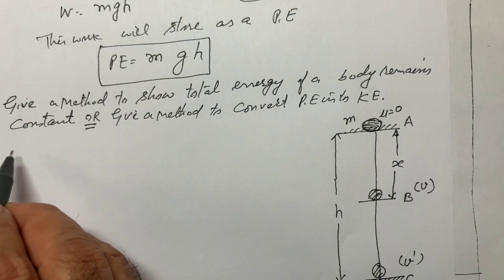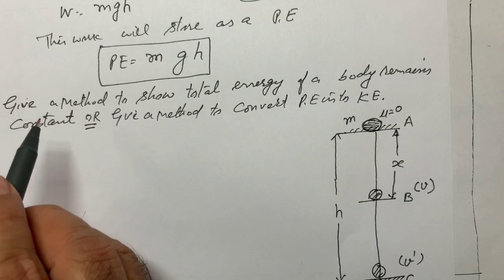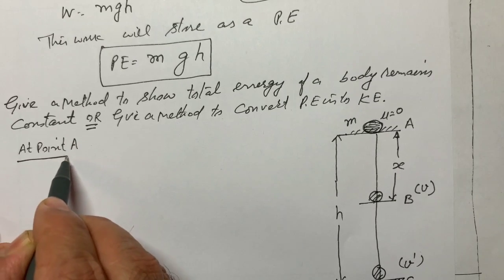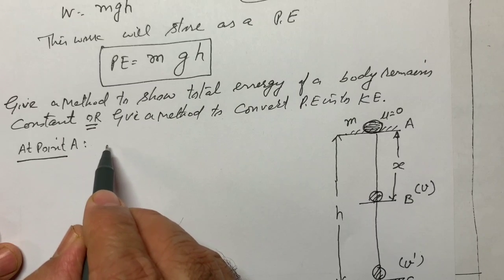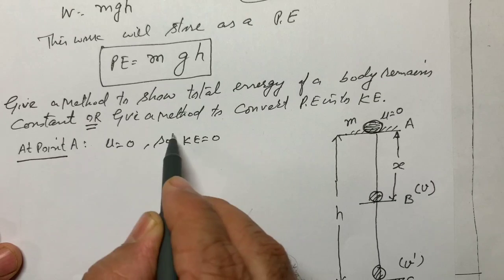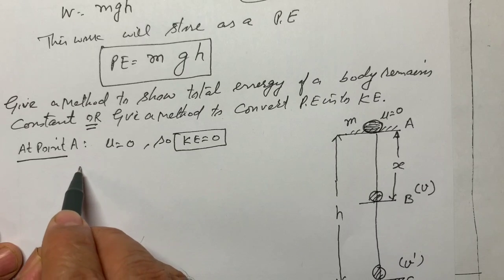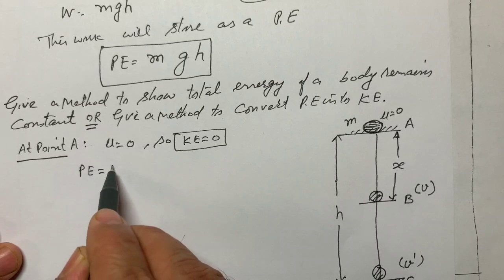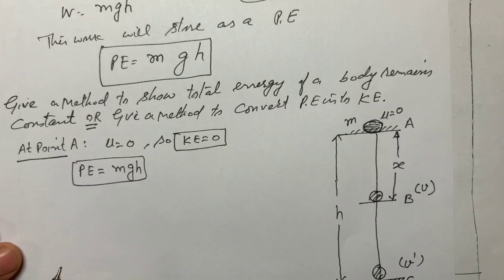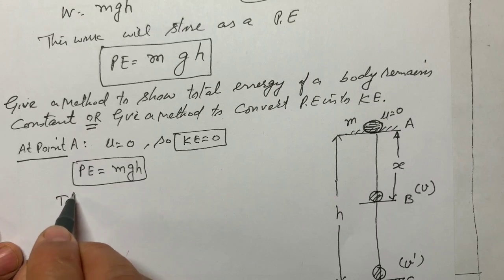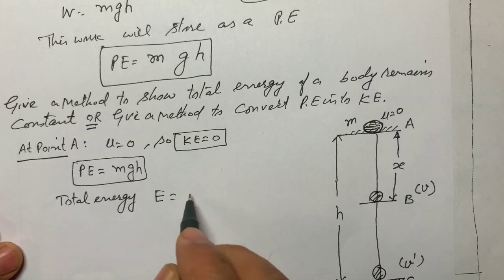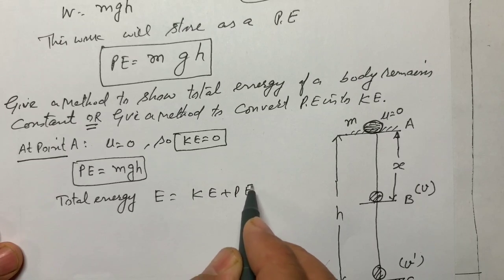Now first of all, we will talk about the energies at point A. At point A, because initial velocity is 0, no doubt its kinetic energy is equal to 0, and due to its height it has a potential energy which is given by the relation mgh, and its total energy at point A, say E, is equal to kinetic plus potential.